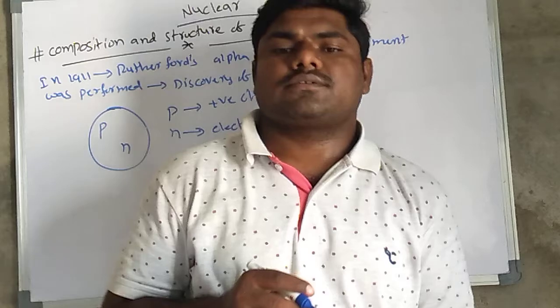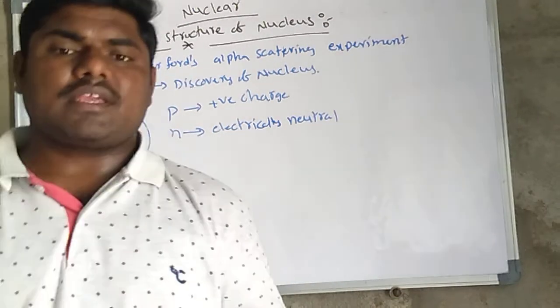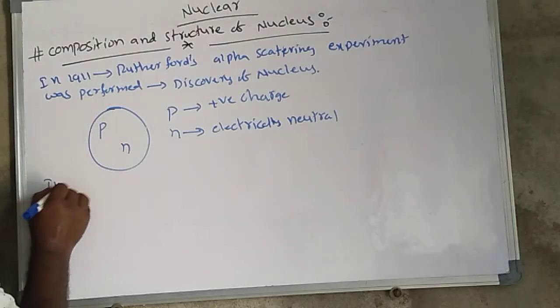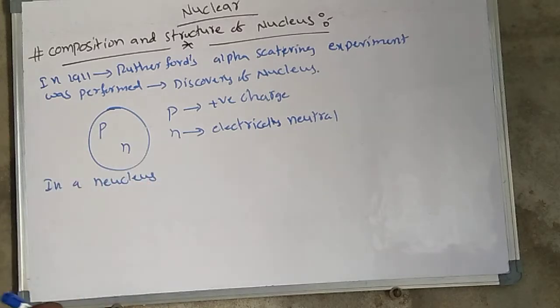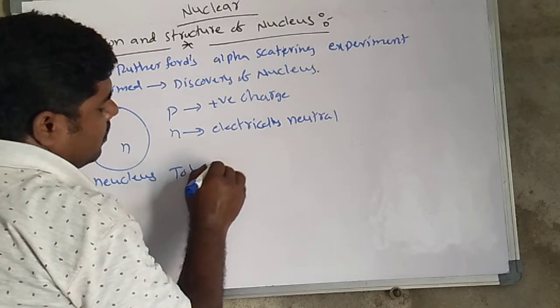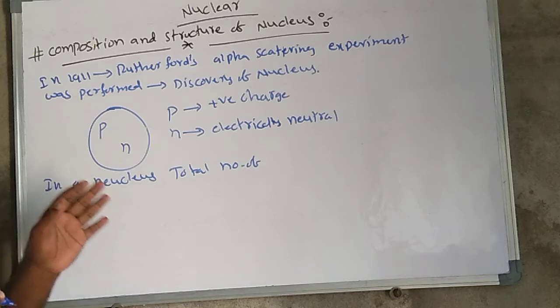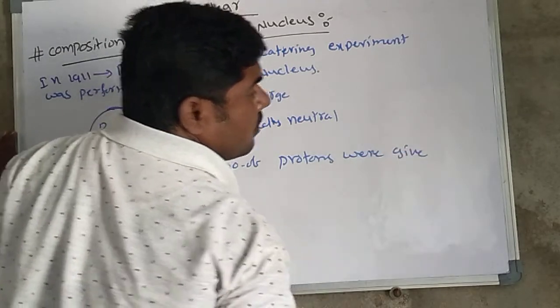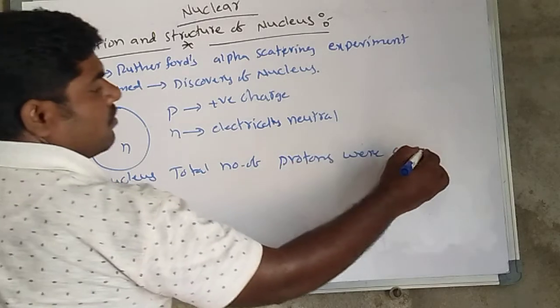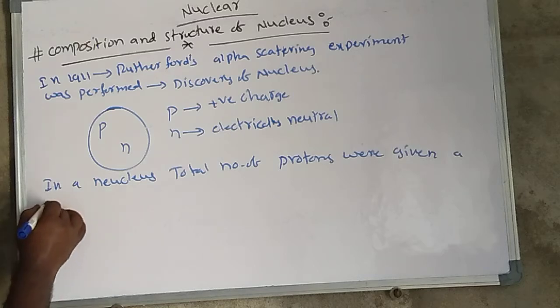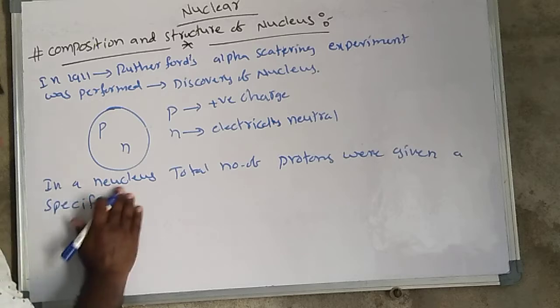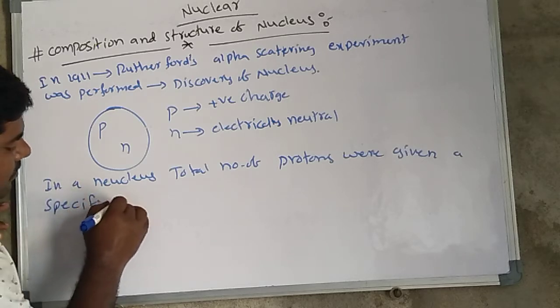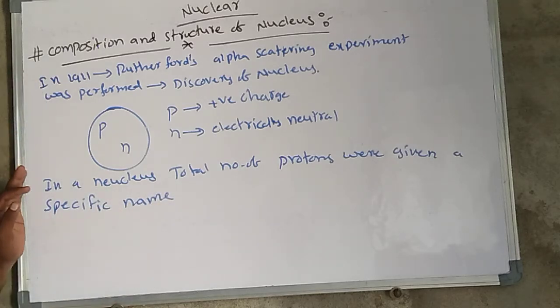In a nucleus, the total number of protons was given a specific name in terminology, which is called the atomic number.